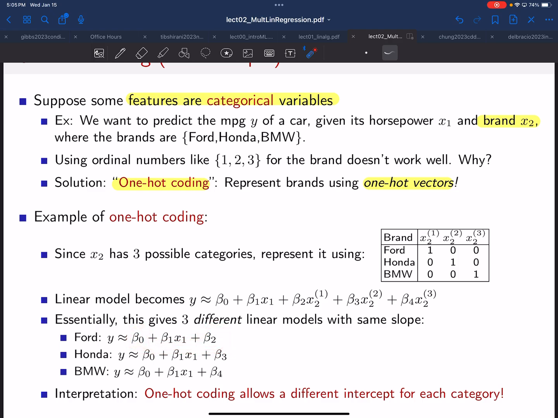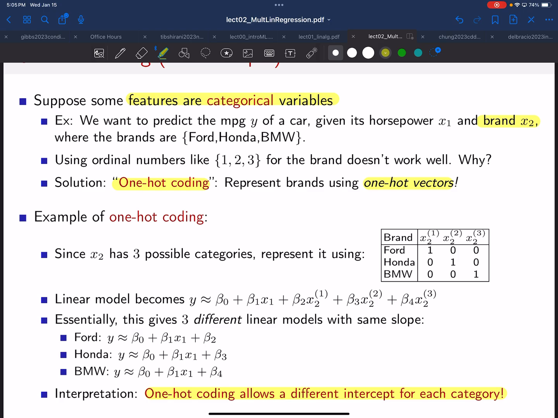For Hondas, the intercept term is beta 3 plus beta 0, and for BMWs, the intercept is beta 4 plus beta 0. So it's like we're allowing a different intercept for each category, but the same slope coefficient. Okay. So that's what this one-hot coding scheme does.